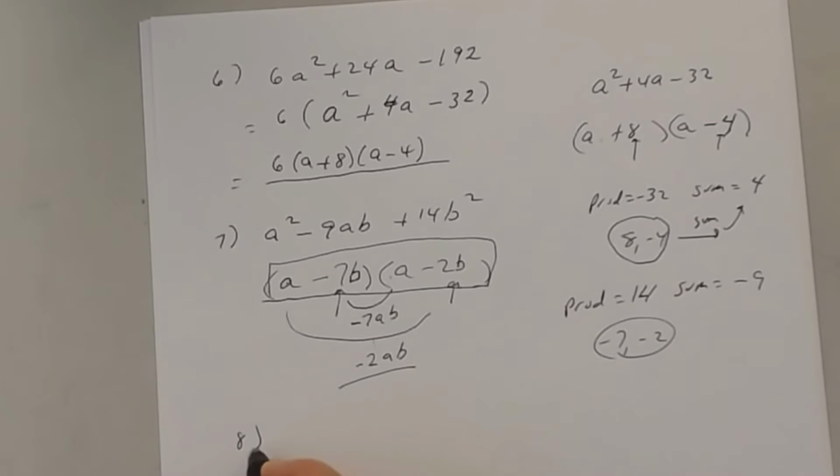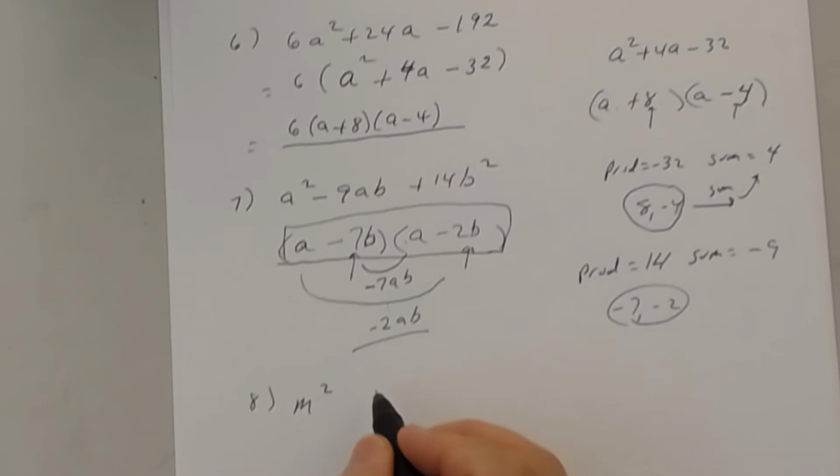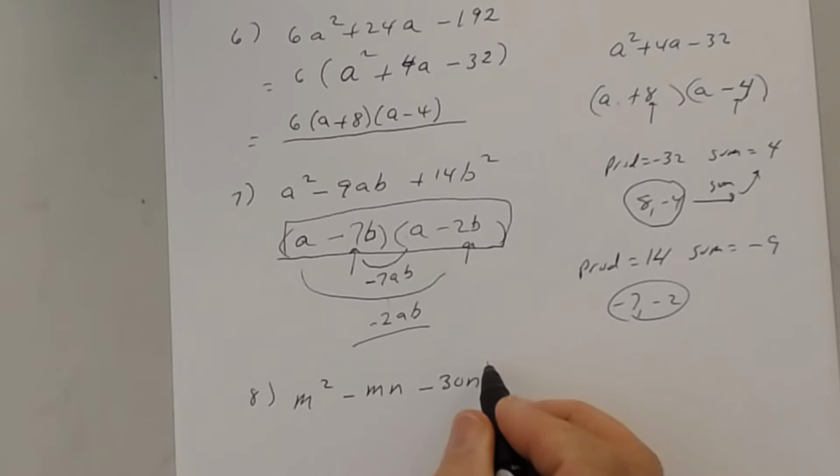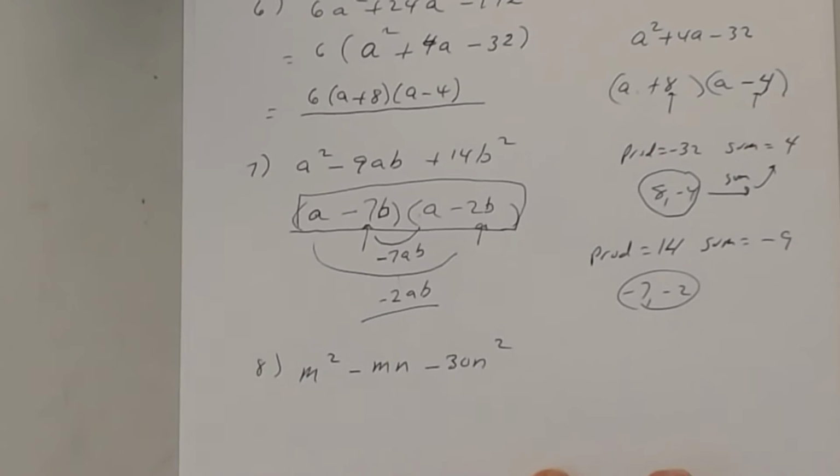All right, number 8. Suppose I had m squared minus mn minus 30n squared. So m squared minus mn minus 30n squared. Okay, you need to always ask yourself, what's the GCF first?